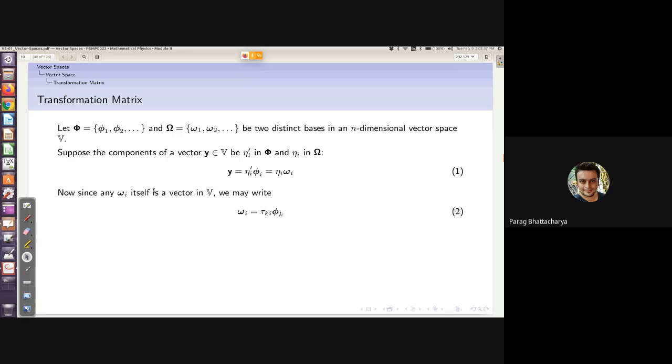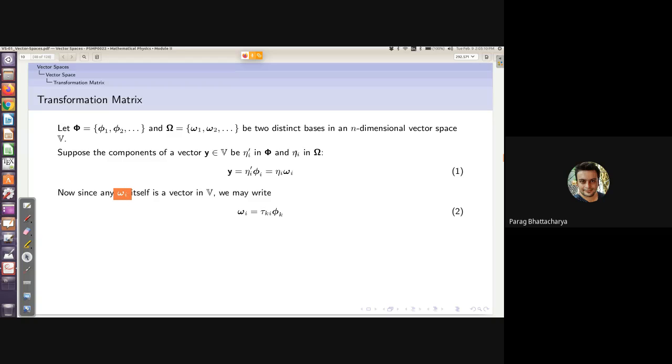And over there, in one of the appendices, they give a relationship between spherical polar coordinates and Cartesian coordinates, the unit vectors, right? So you can write down r cap, theta cap, phi cap in terms of i cap, j cap, k cap. You can do that, right? So that means you're writing the members of one basis in terms of the members of another basis. Is that clear? So this is what I'm trying to do here.